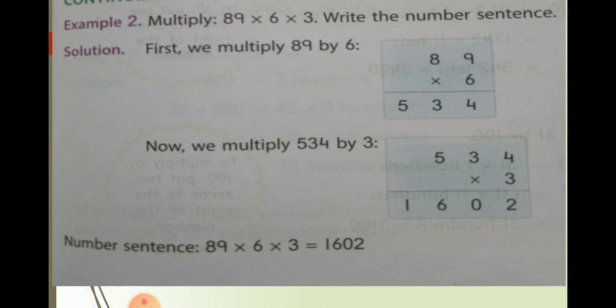So 534 will be multiplied by 3. 3 fours are 12, 1 is carried to 3, 3 threes are 9, 9 plus the carried 1 will give us 10. Again 1 is carried to 5, 3 fives are 15 and 15 plus the carried 1 will give us 16. So our product will be 1602. Thank you.